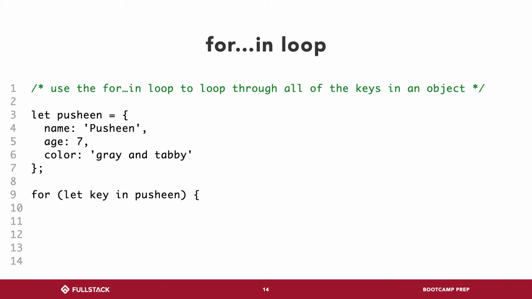Because if Pusheen at key was an object and you wanted to loop through that, then what do you do? But at that point, usually in real life, you would know what type of data it would be. So it also makes sense to not use key if you know what those keys are representing.